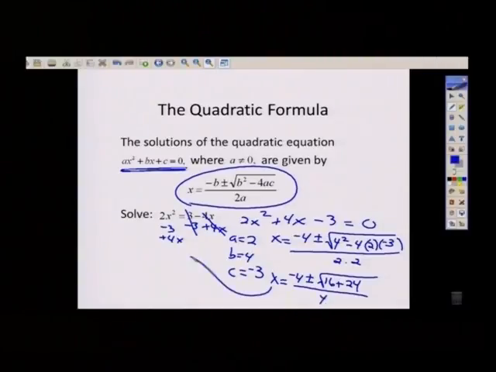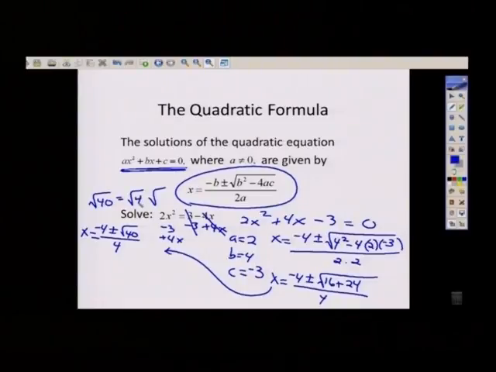So I'm a little bit out of space, so I'm going to bring it over here. So x is equal to -4 plus or minus the square root of 40 all over 4. And that's a great solution. We can do a little bit of simplifying here with the square root of 40. If you take the square root of 40, to simplify a radical, we want to find a perfect square that divides into 40.